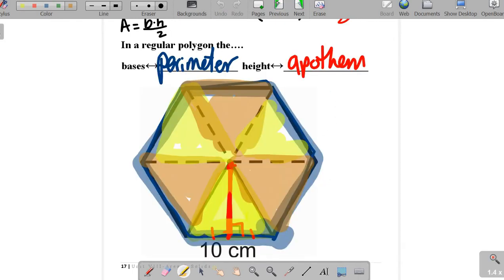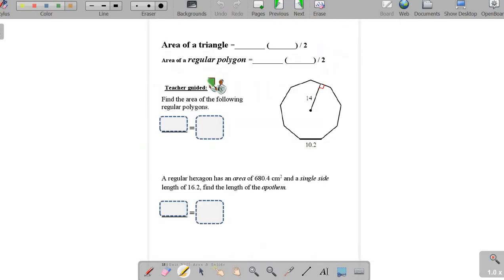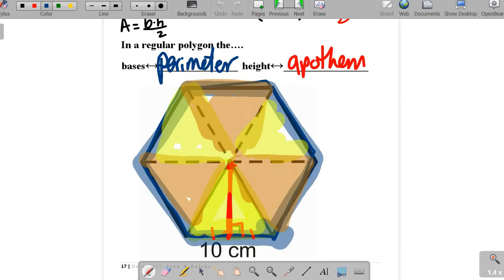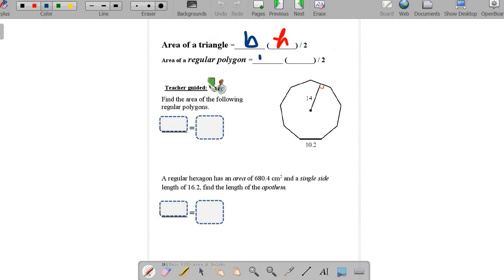Base times height divided by 2. Base we're going to replace with perimeter. Height we're going to replace with apothem. So instead of base, we write perimeter. And instead of height, we write apothem, or A. So how do you find the area of a regular polygon? It's Pa over 2.